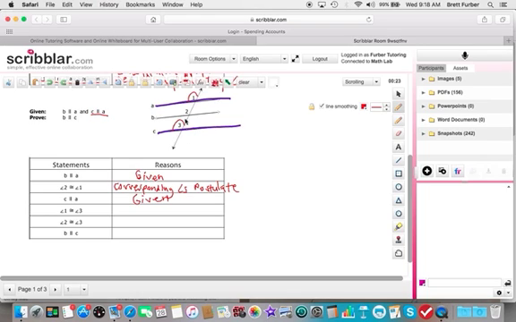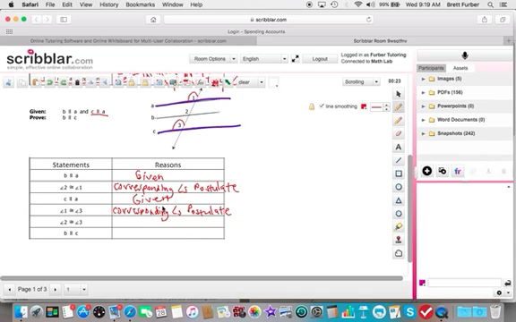Well, one is interior and one is exterior, so those are also corresponding angles. I would list the same reasoning you did for angle 1 and angle 2 when you were comparing B and A: corresponding angles postulate. So those are also congruent.